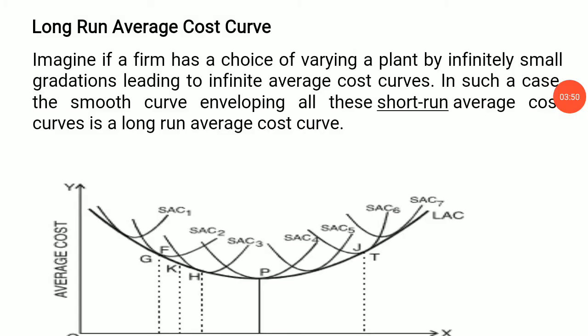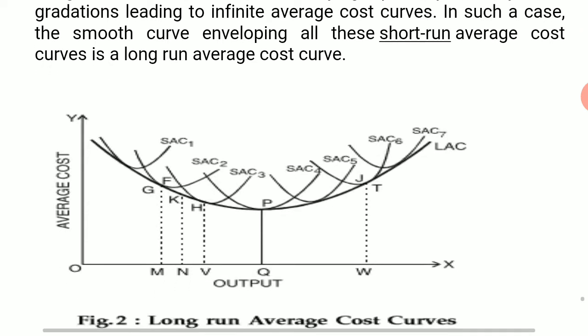Imagine if a firm has a choice of varying the plant in indefinitely small gradations, leading to an infinite number of average cost curves. In such a case, the smooth curve enveloping all these short run average cost curves is the long run average cost curve.